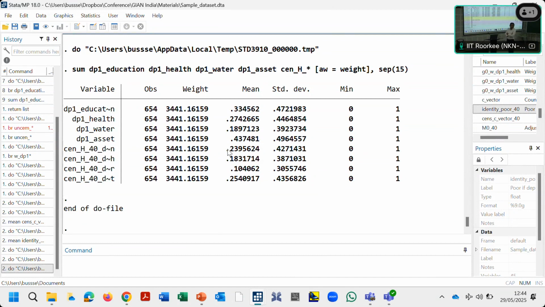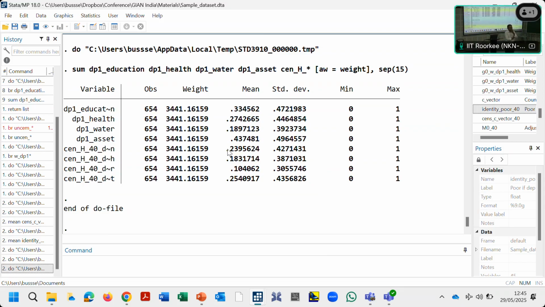This is method. Louder, please. What is this SAT 15 in the last one? It is a separator. So, sometimes if I compute these values for a large number of variables, here we have only 8, right? If I have 20 variables, I need a separator to read them.